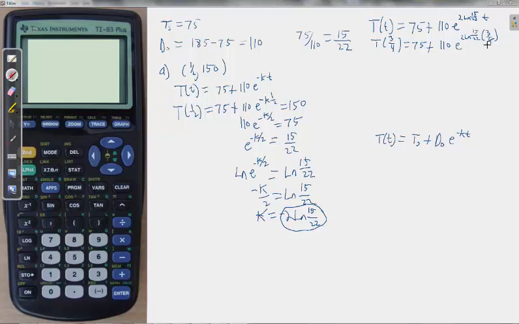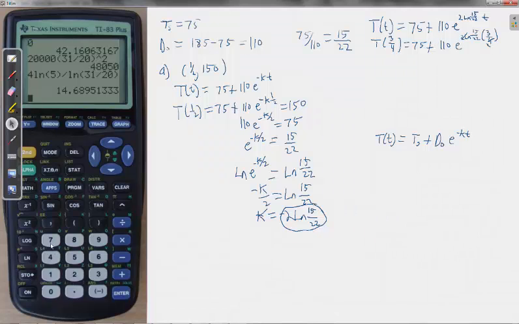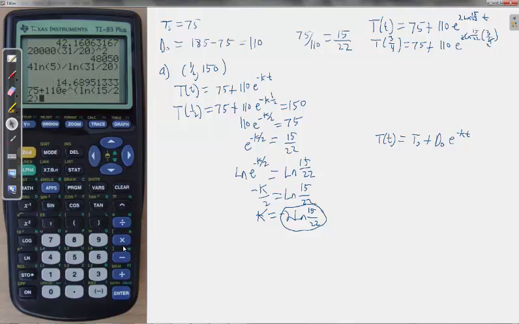So I'll go ahead and reduce that. That's 2, I'll get rid of that 2. So I just have to take 3 over 2. So I just have to take 75 plus 110 e to the ln of 15 over 22 times 3 over 2.